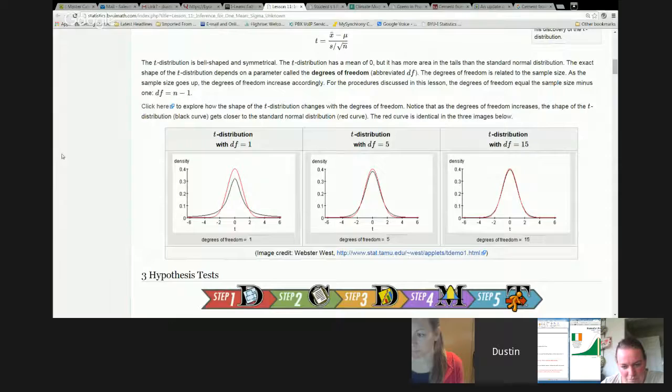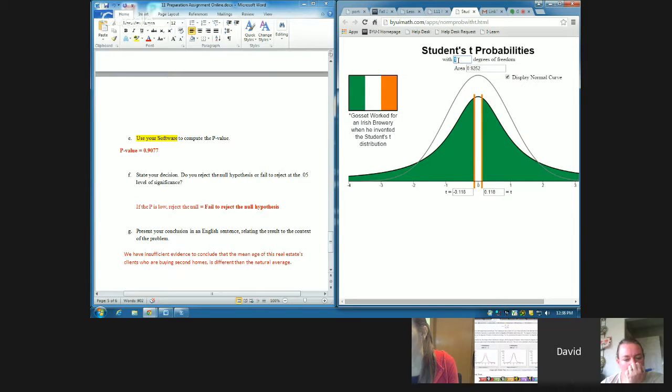So here's the section in the textbook that I was looking at for that. It shows the t distribution, and then it shows the degrees of freedom, which is the red line. And the larger that number gets, the closer it mirrors the normal distribution.